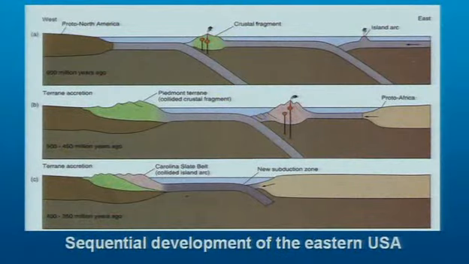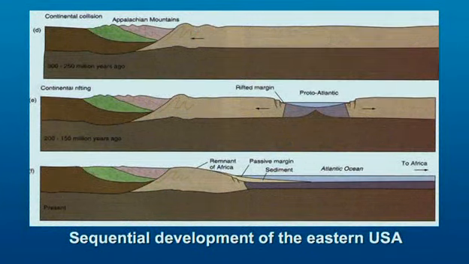And so you're going to add to eastern North America, first of all, what we call the Piedmont terrain, then the Carolina slate belt. And then when it goes further, when Proto-Africa ends up completely colliding with North America, we actually buckle eastern North America to produce the Appalachian Mountains.